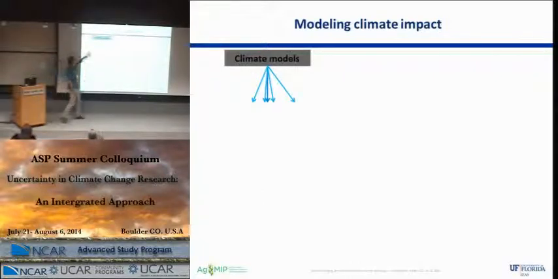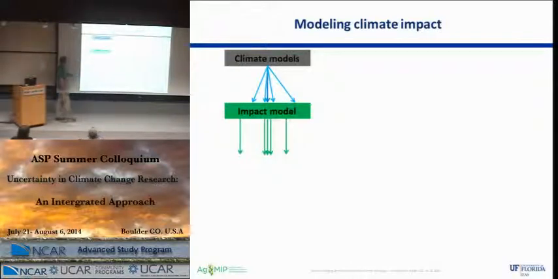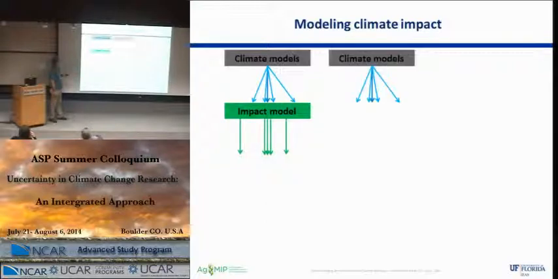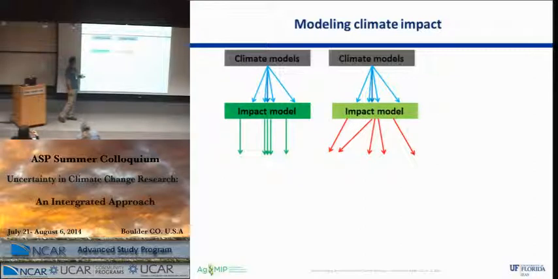So you have different outputs, which then go through one impact model, and the results differ depending on the scenarios supplied from the climate models. When you put the same thing through a different impact model, you can get a very different result. The question is now, why should I believe this impact over this impact?